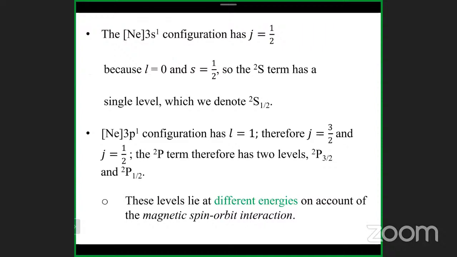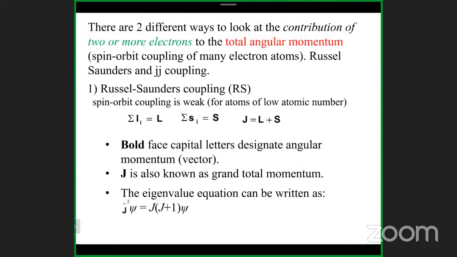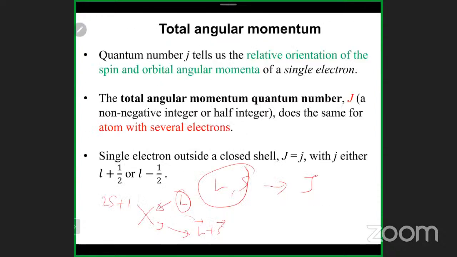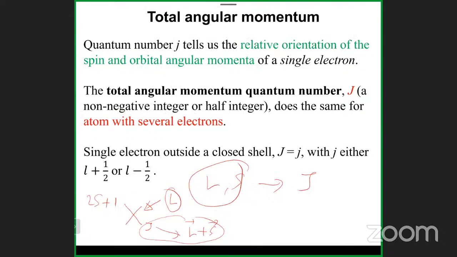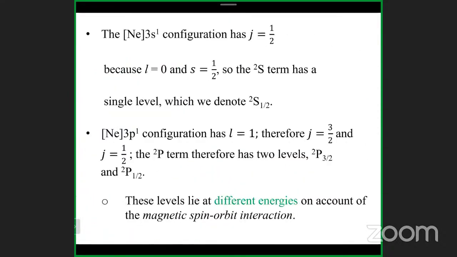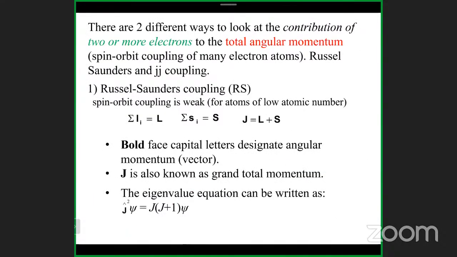Now, there are two ways of doing it, two ways of calculating J, because J is basically the vectorial summation of L and S. One is called the Russell-Saunders coupling. Let me do this one first.